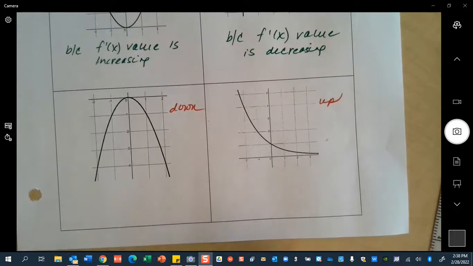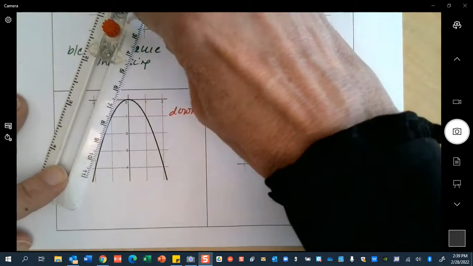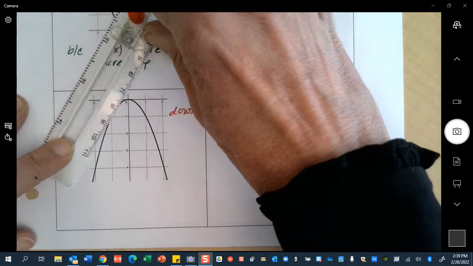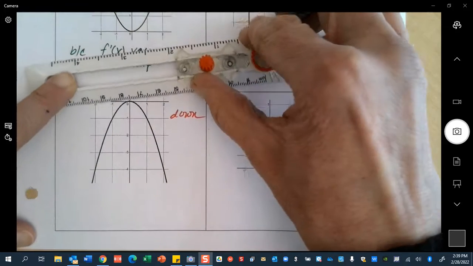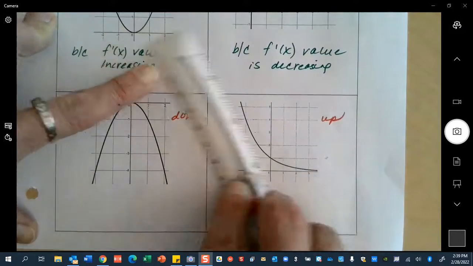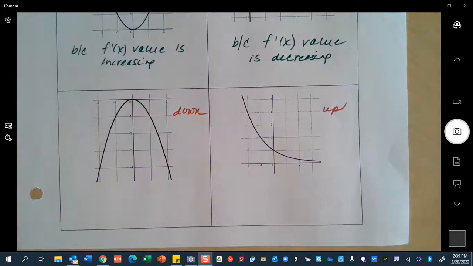So when in doubt, you need to be taking your straight edges and running them along your graph. I have a very positive graph. It goes to 0, and it's getting smaller and smaller. Therefore, this is concave down, just like this one, because f of x is decreasing.